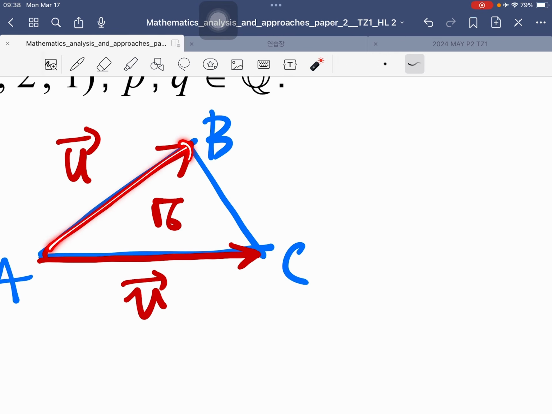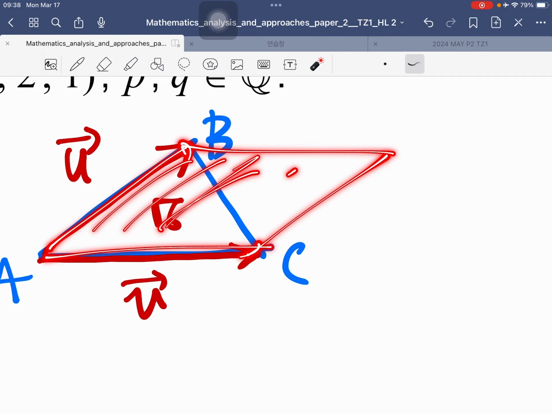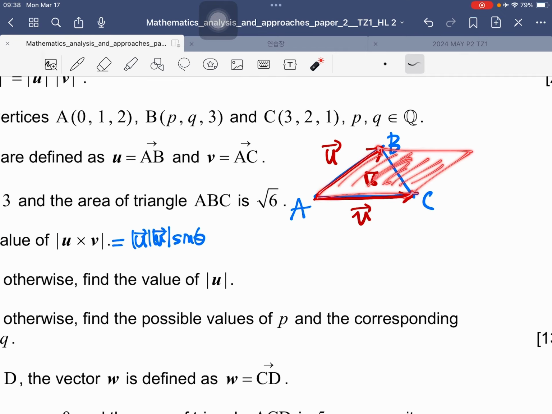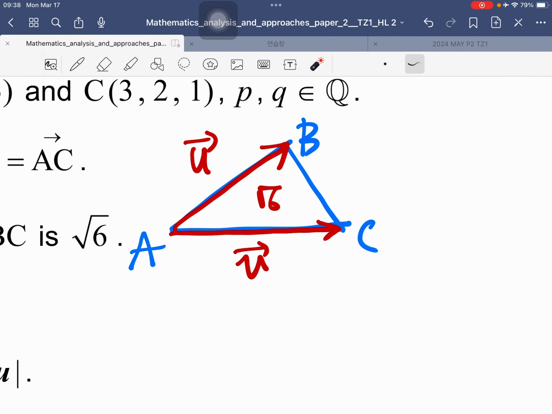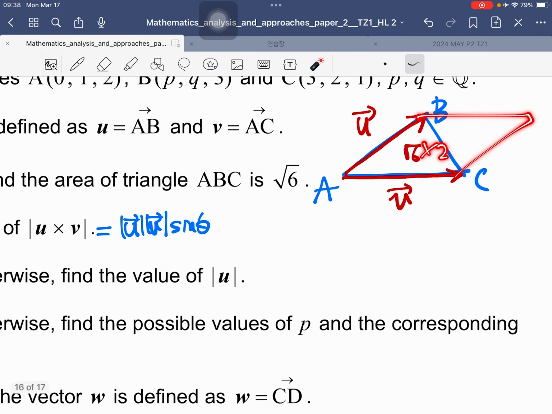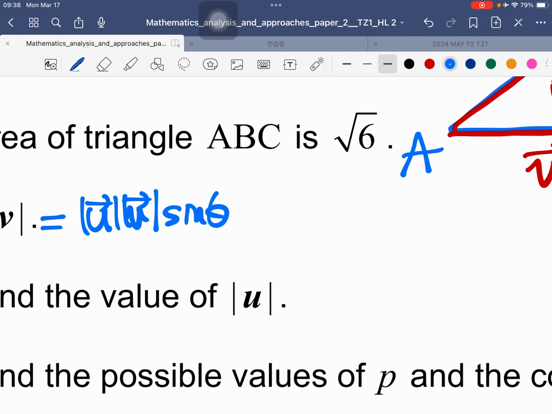This parallelogram is like this, and this whole area is the magnitude of u cross v. So this whole area is 2 times this triangle area, right? So the answer is going to be 2 times square root of 6.